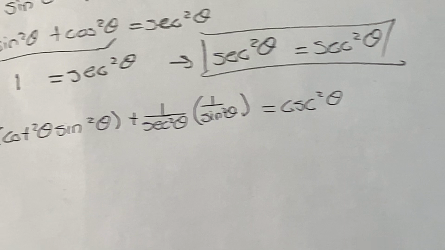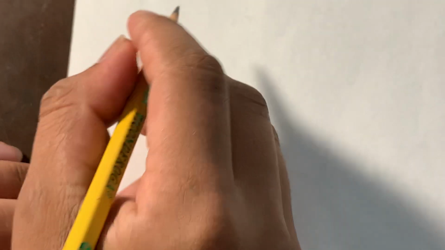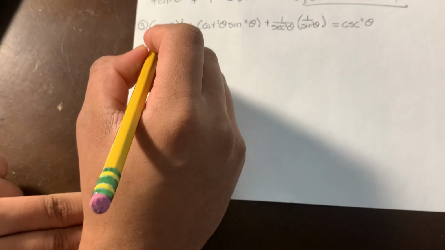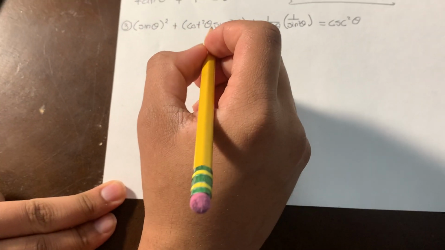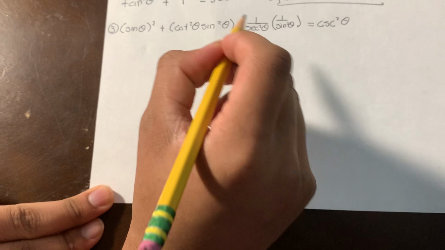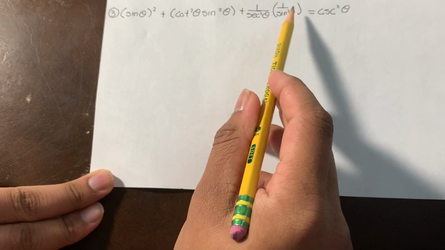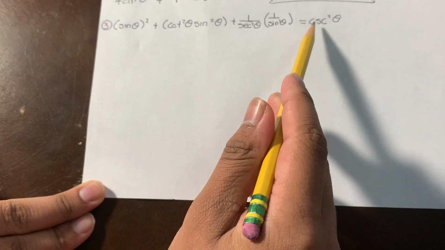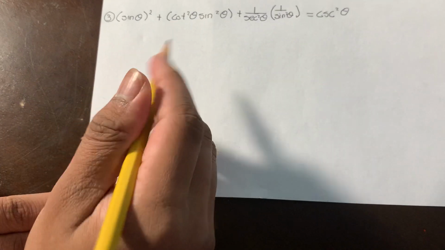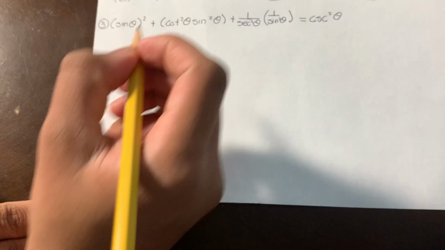We're going to do another problem. This one says sine squared theta plus cotangent squared theta times sine squared theta plus 1 over secant squared theta times 1 over sine squared theta is equal to cosecant squared theta. We're going to simplify that.